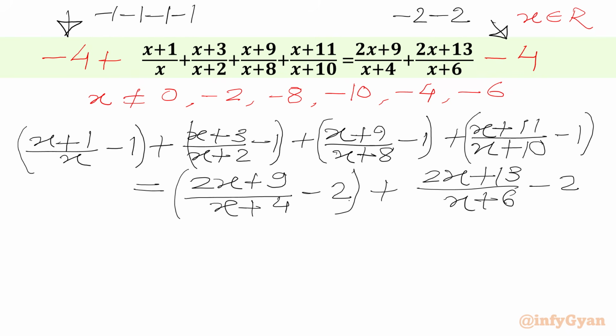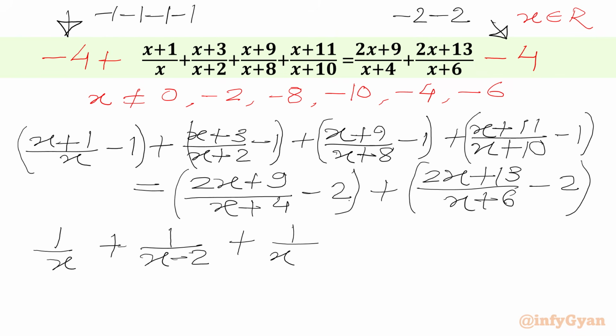We are going to get one decent rational equation. x plus 1 minus x over x, which is 1 over x, plus x plus 3 minus x minus 2 over x plus 2, which is 1 over x plus 2, plus x plus 9 minus x minus 8 over x plus 8, which we write as 1 over x plus 8.